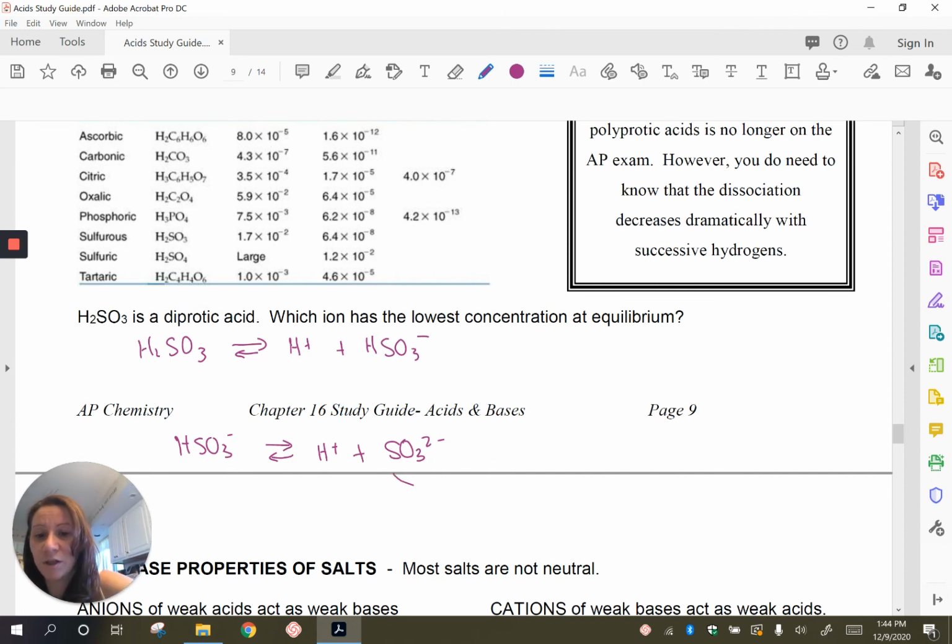Well, it's going to be this one right here. Because in the example we just gave, if only 50% of it turned into HSO3 minus, well, only 10% of the 50% had turned into SO3 2 minus. So this is going to have the lowest concentration out of all your ions.